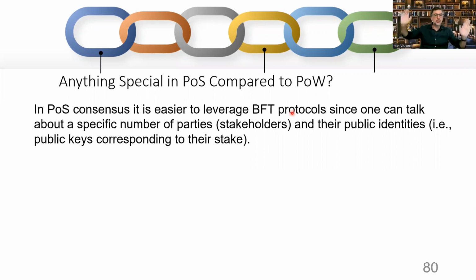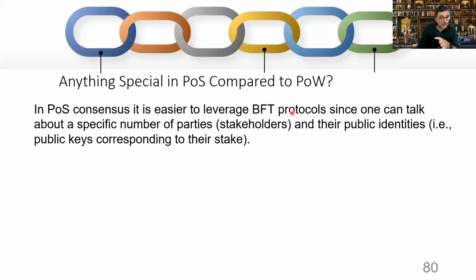That's it. These are the players. So now they can run an old school consensus protocol, right? That's interesting. It's something that on proof of work you cannot do. But with proof of stake, you can take advantage of nice results coming from many years, decades of research on the consensus problem in the permissioned setting.